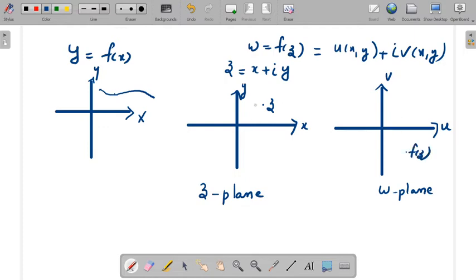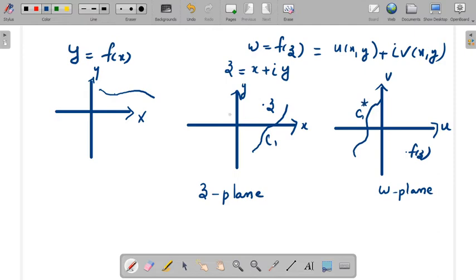So we can speak about the images of points, or a curve through which z moves, then you can find the movement of w equal to f of z through some other curve, that is the image of c1, which we call c1 star.